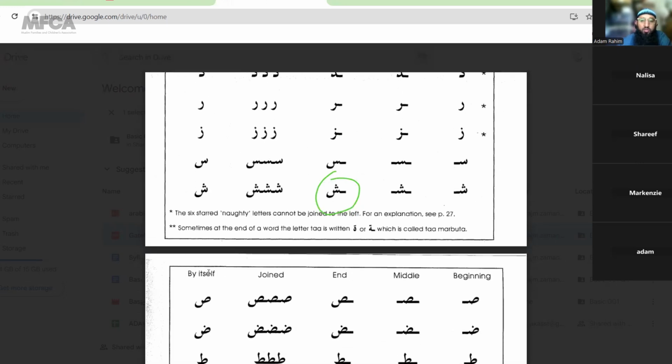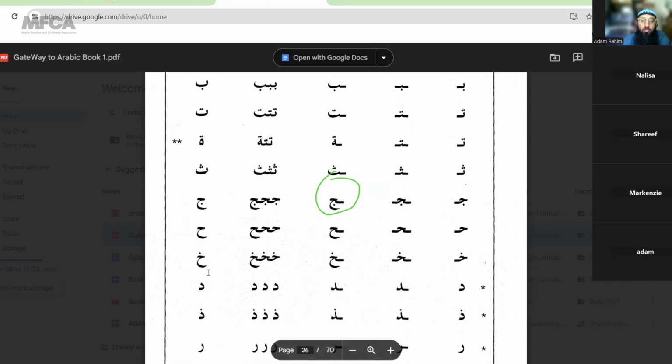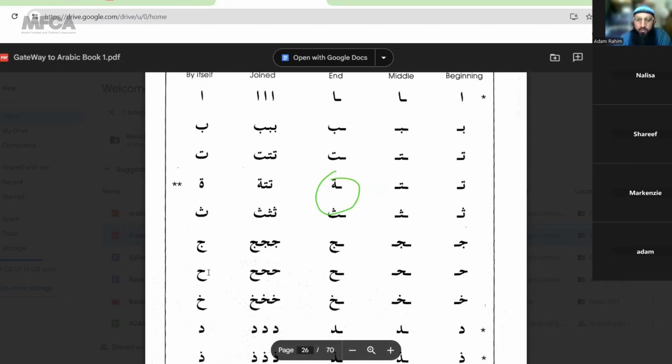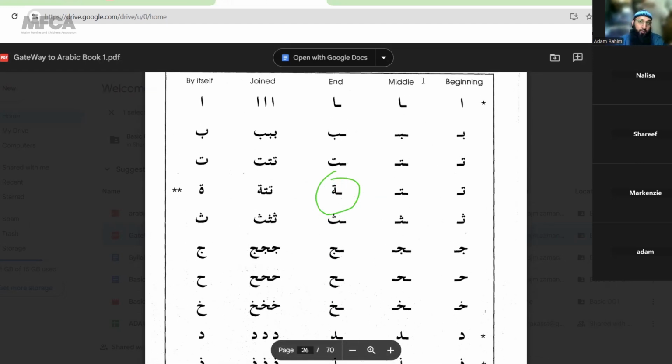Now, if the letter that comes before it is connected to it, then it's written like this, like we have here. And if the letter that comes before it is not connected to it, for example, it's one of those letters that do not allow something to be connected to it, then it's written like this at the end. And that is why this asterisk is there, to bring your attention to that. So that's something to keep in mind as well.